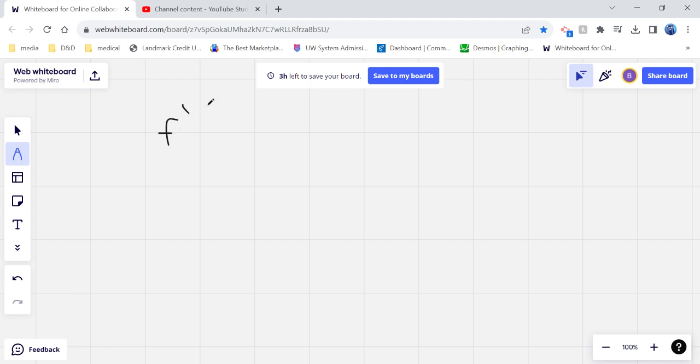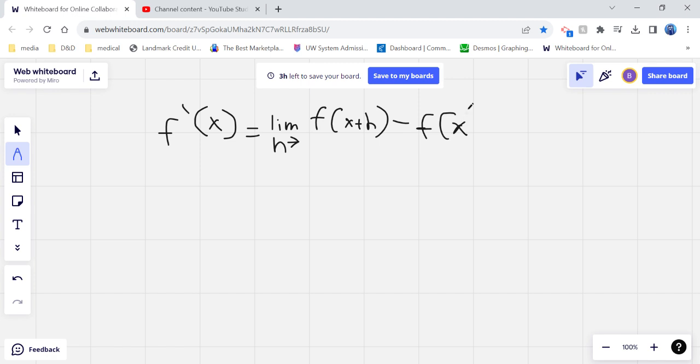So let's say that f prime of x, the slope of the tangent line at any point x, is equal to the limit as h approaches 0 of f of x plus h minus f of x over h. Now, this is the limit as h approaches 0.